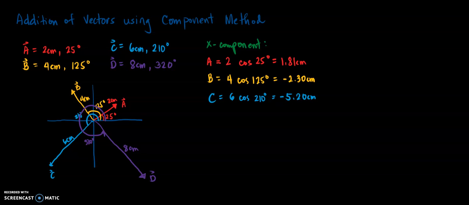And for vector D, that is the magnitude of vector D, 8 centimeters, cosine of the angle formed by vector D from the positive x-axis, and that is 320 degrees. So 8 cosine 320 is 6.13.